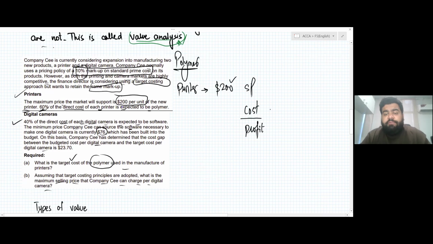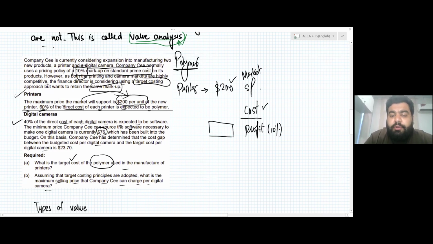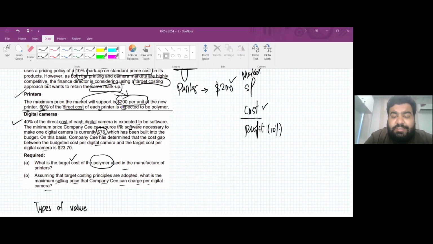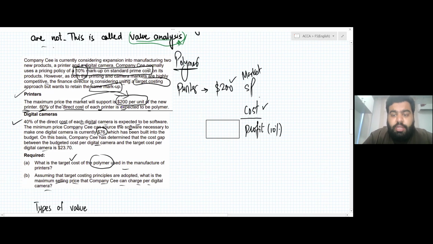So let us calculate the cost first. Why am I calculating the cost from this selling price? Because this is the market selling price, not the selling price from our side, since it is written that the market will support the selling price. If we use the 10% markup here, we will get the total target cost of the printer.